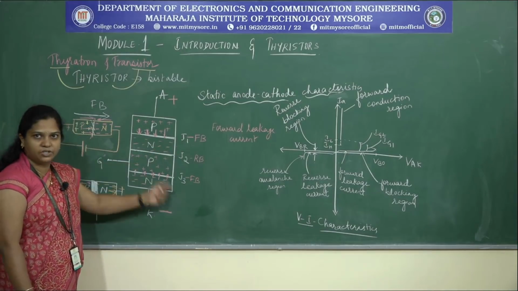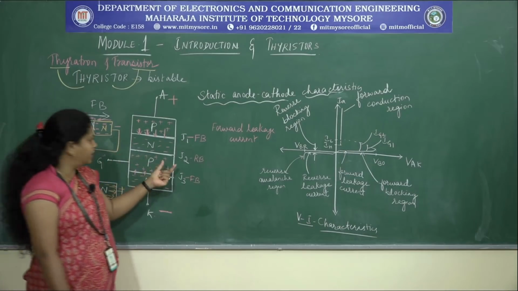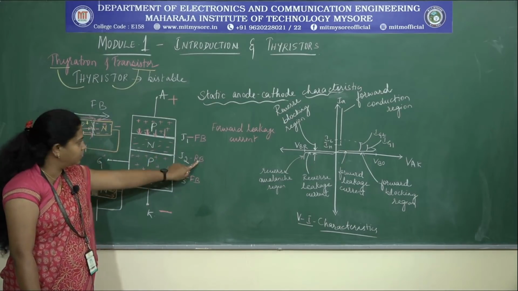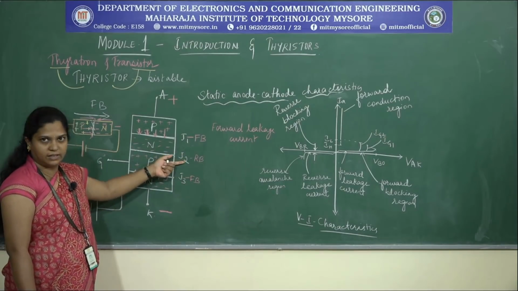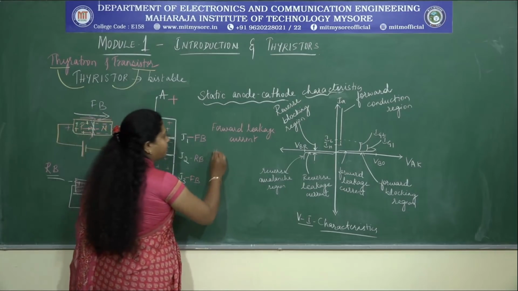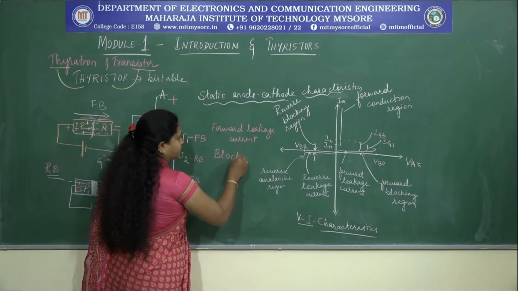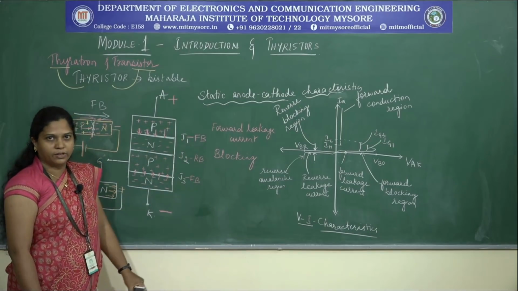When junctions J1 and J3 are forward biased, only a small current flows. Why only a small current? Because junction J2 is still in the reverse bias condition and in the off state. This off state is also known as the blocking state. Instead of calling it off, we call it the blocking state.